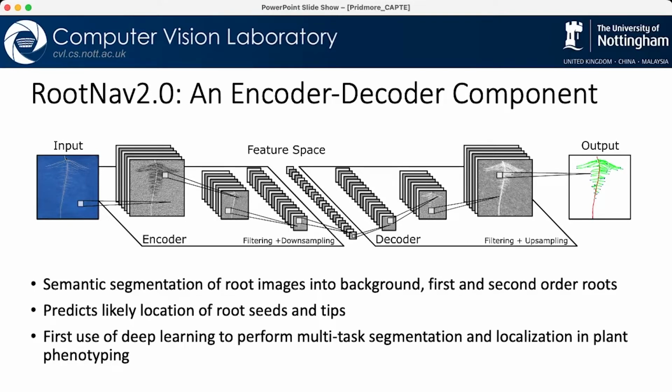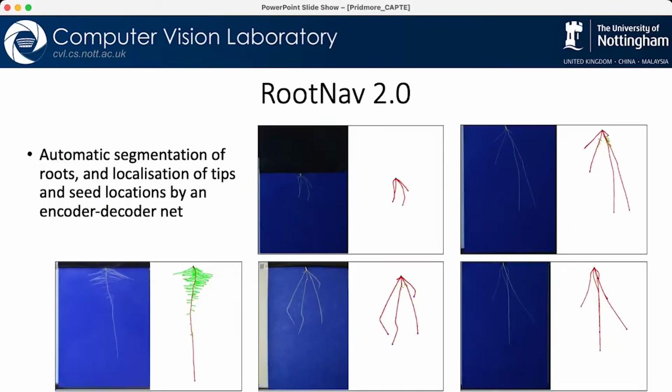It picks up root, background, root tips, the seed, and it even classifies the roots as being primary root or lateral root. It's a fairly straightforward application of an existing technique to a new problem, but it was the first one to do it.